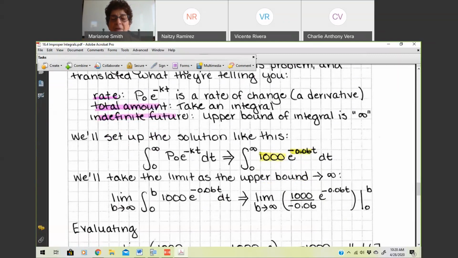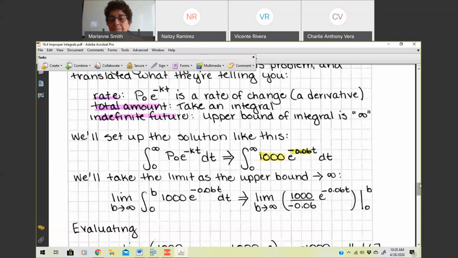You might remember, to take this type of integral, you just pull the 1,000 through. e to the negative 0.06t integrates as e to the negative 0.06t over negative 0.06. You can see it here. What I did was pull the denominator away from the e and put it as the denominator on my 1,000, so I have just a coefficient that I have to deal with.